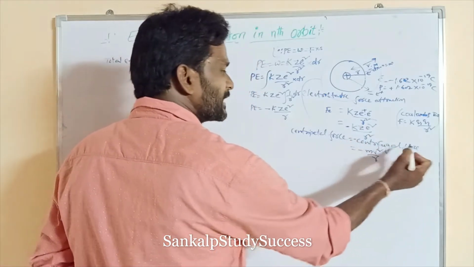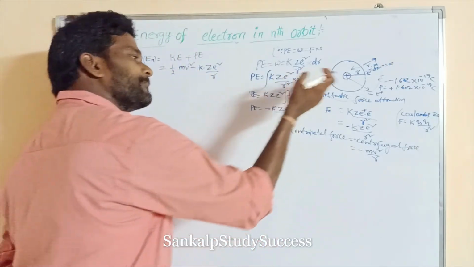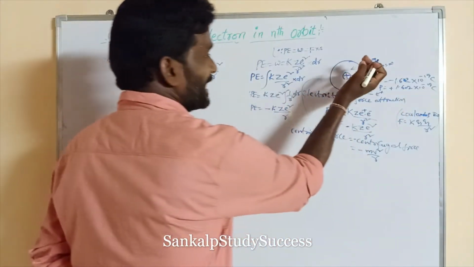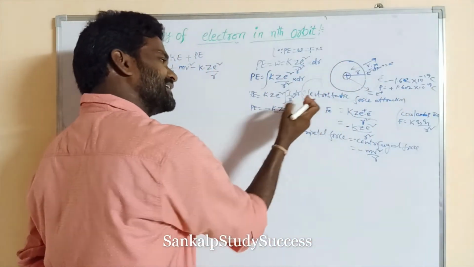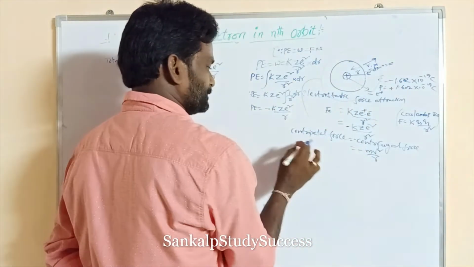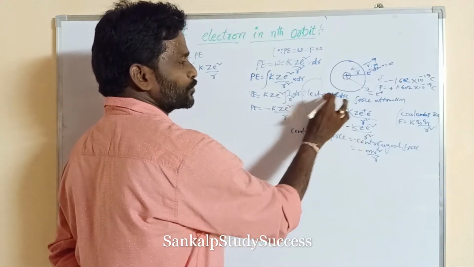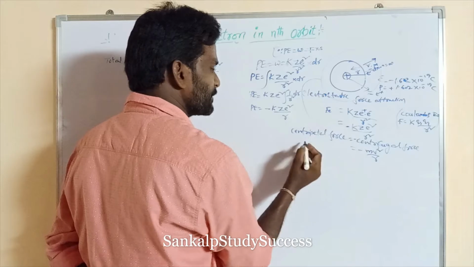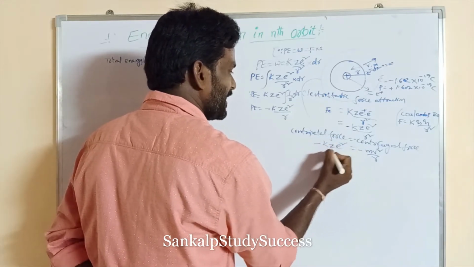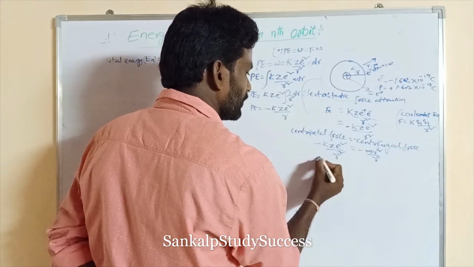What is the formula of centrifugal force? mv square by r. Centripetal force is like an electrostatic force of attraction, acting towards the nucleus. So the centripetal force of the electron is taken as the electrostatic force, whose value is minus k z e square by r square. r cancels.